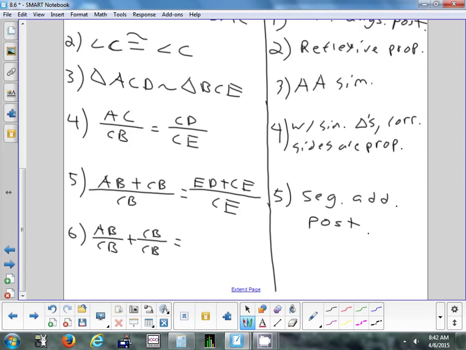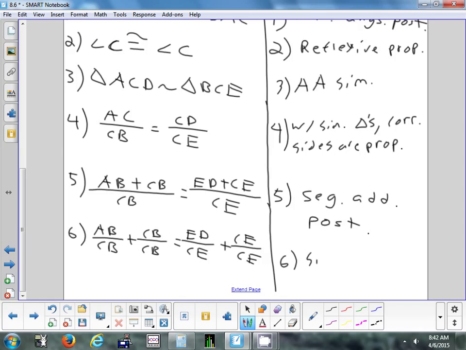Do the same thing here. ED over CE plus CE over CE. Okay. And if you look carefully at what you just did, some of these fractions are going to cancel out. Okay, and they're going to be turned into 1.